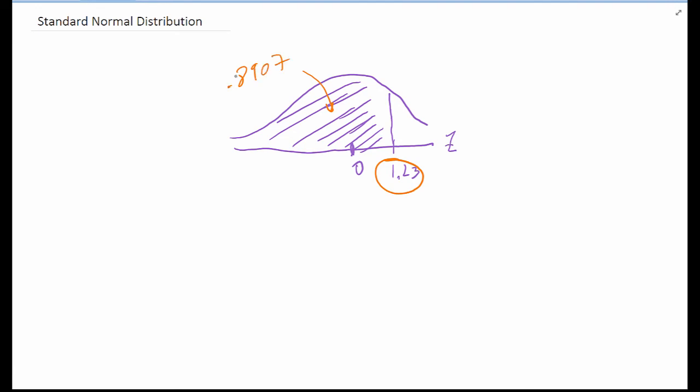So this area is 0.8907, or basically 90% of the data. The interpretation is that, doing the approximation, 90% of the values of this data set are below 1.23.